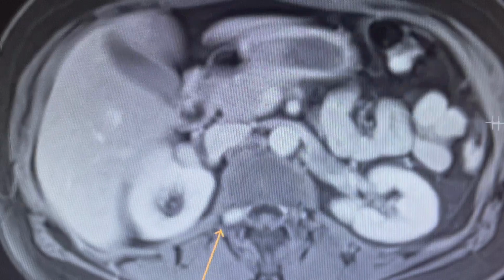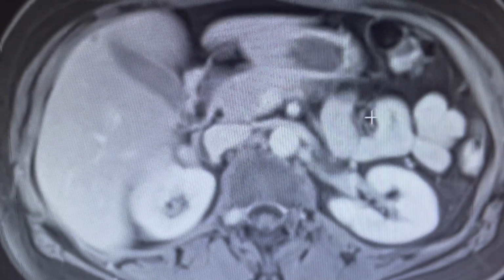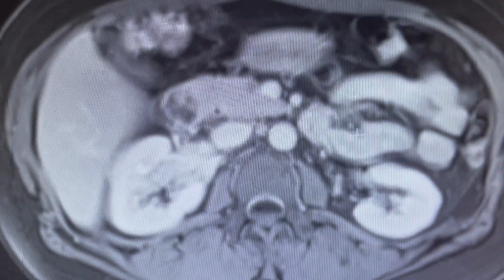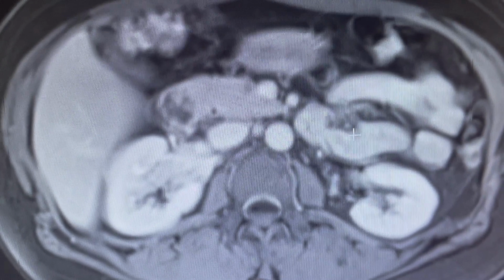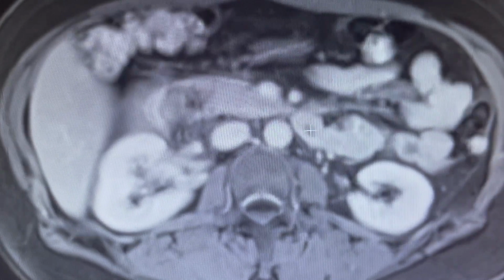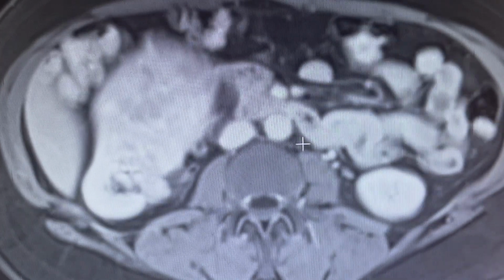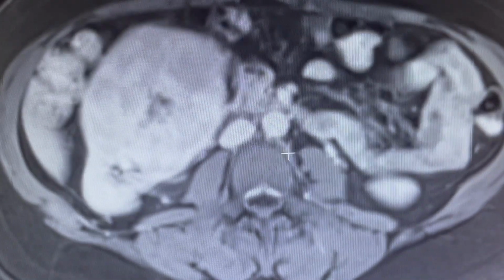This enhancement of the jejunum, which we're seeing here, is too much at 5 minutes post-contrast, which is what I'm targeting as the important sequence to see splanchnic inflammatory syndrome.